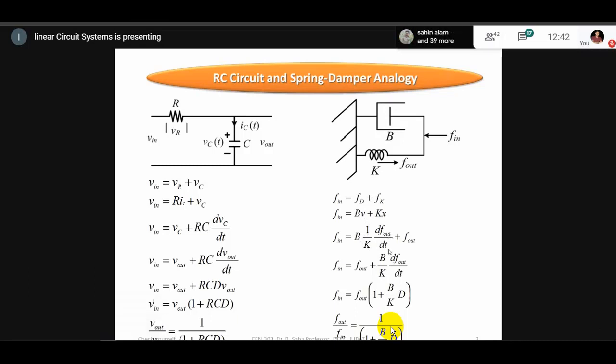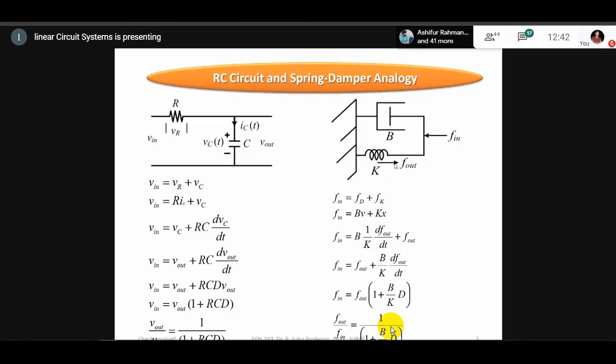Sir, here B is equal to what, and V is equal to what? Okay, B is the damper constant, which is equivalent to resistance, and V is the velocity, which is equivalent to current, and x is the displacement.